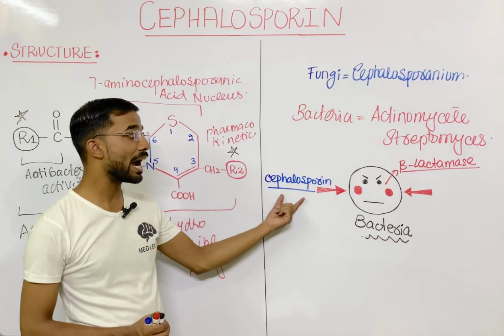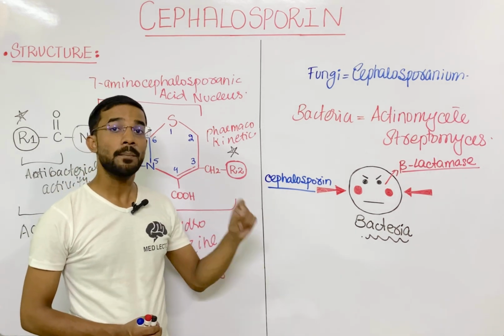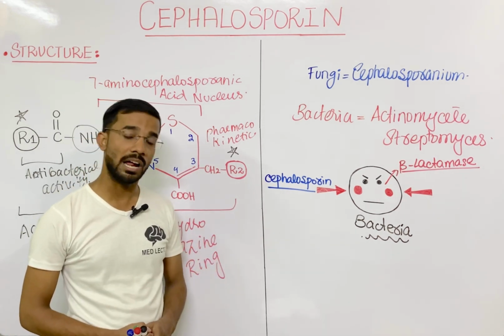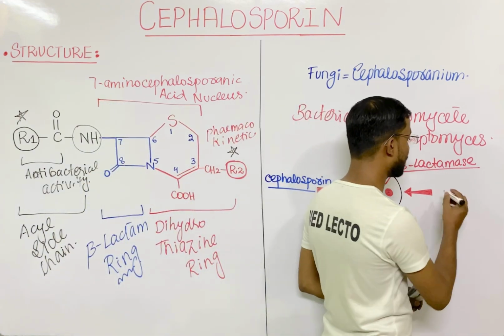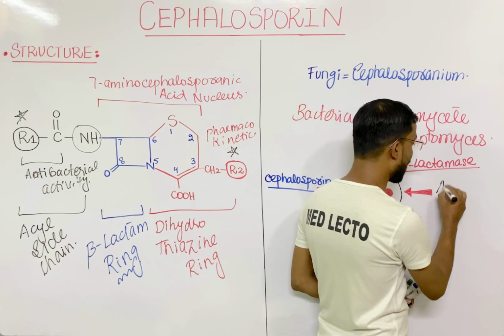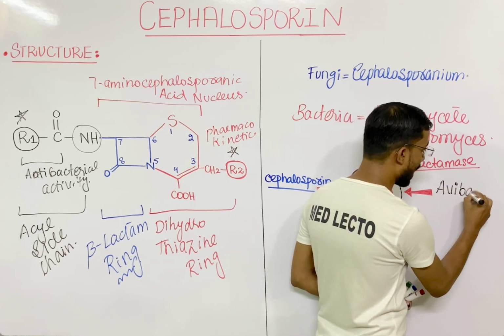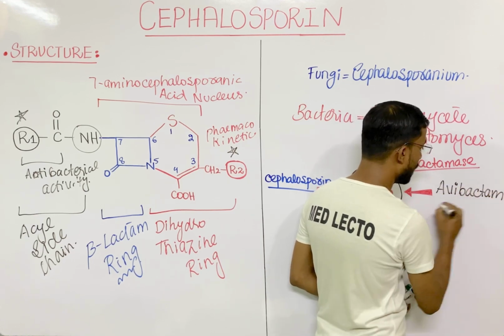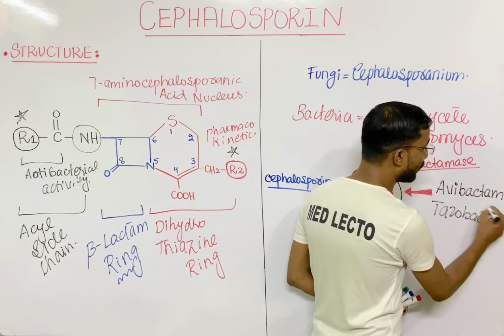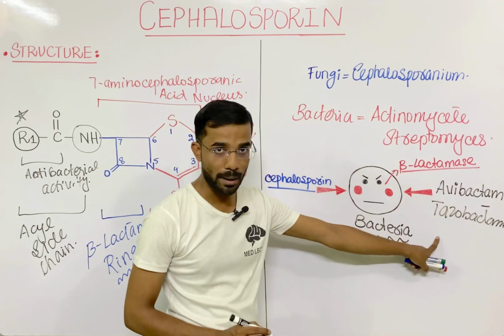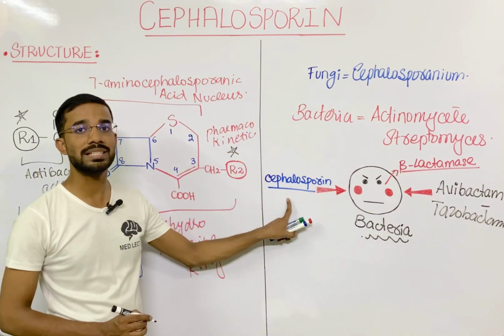So now we have to give beta-lactamase inhibitors along with the antibiotic. Different beta-lactamase inhibitors include avibactam and tazobactam, given along with the cephalosporin.